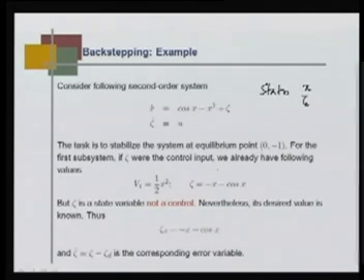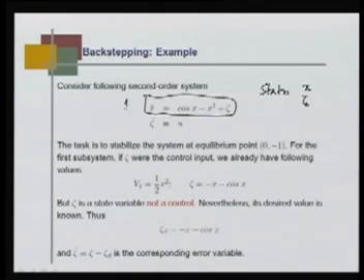For the first subsystem, xi is the control input. This is the equilibrium point, and now we want to stabilize the system around it. We represent this as subsystem 1 and this one as subsystem 2. So, let us design a control action for this.